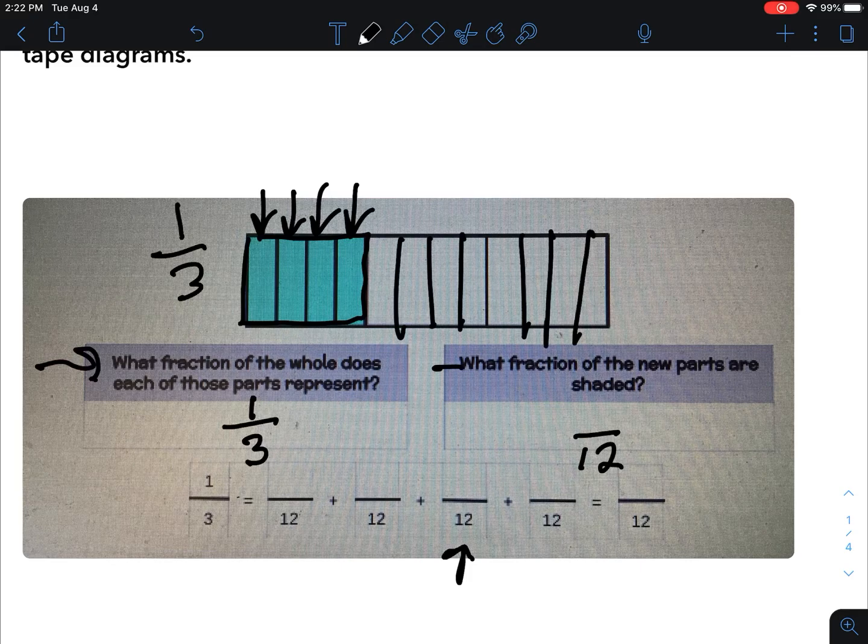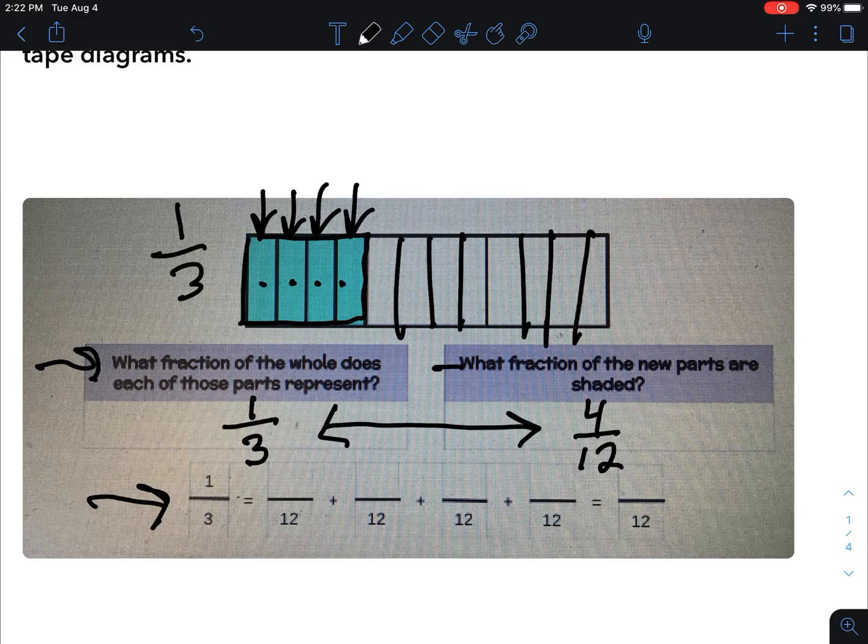And then, what fraction of the new parts are shaded? 4. All right. So then you go down to the bottom with the equation, and you're explaining how 1/3 and 4/12 are equivalent. They're the same fraction using different numbers.